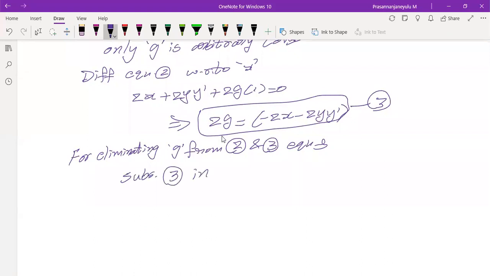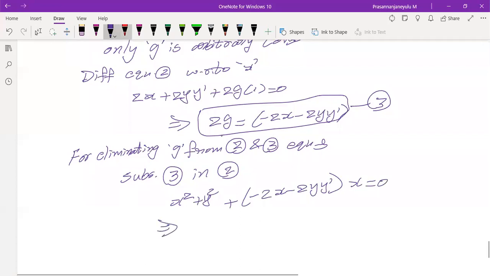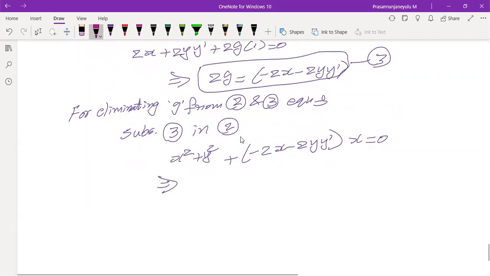Then what will we get? What is the 2? x square plus y square plus 2gx. What is 2g? Minus 2x minus 2y dash, into x, equals 0. So simplify this. Finally, we get x square plus y square minus 2x square minus 2xy into y dash.